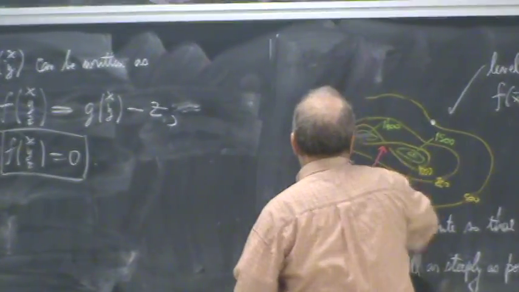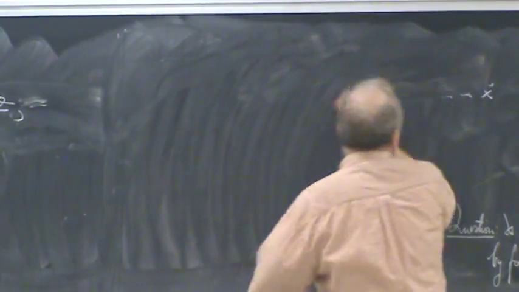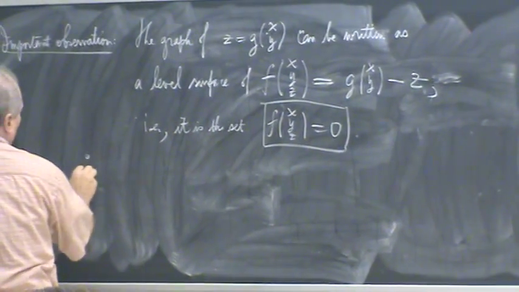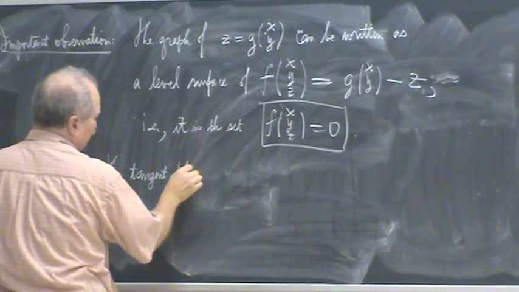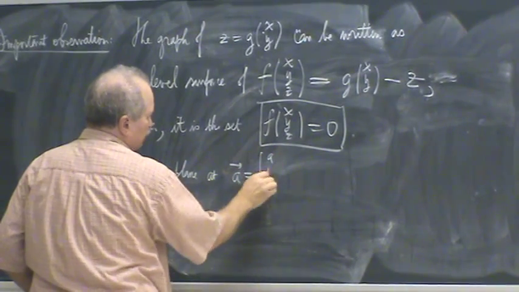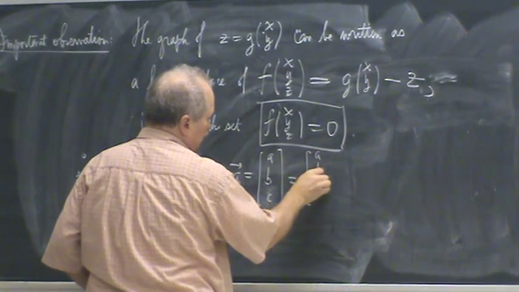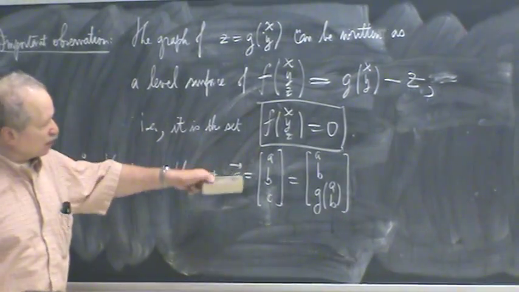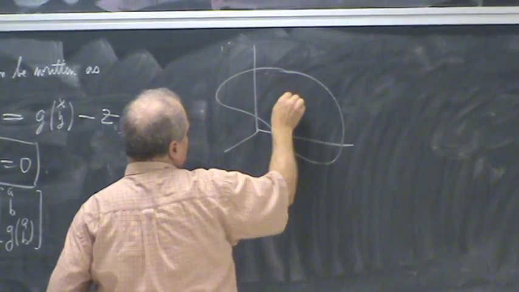So what did we just say? We said we can get the tangent plane, therefore, at the point A, B, C. So this would be A, B, g of A, B. So take a point on this graph of this function, which I'm now thinking of as a level set.